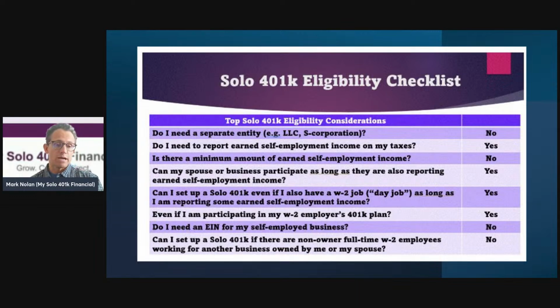So that's an example of how you can really utilize a self-directed 401k in conjunction with your daytime employer 401k.